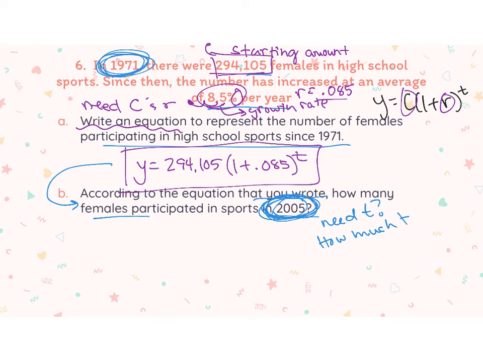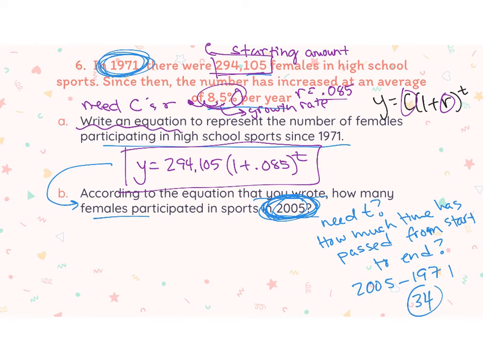How much time has passed from start to end? And the way we get that is by subtracting 2005 minus 1971. So 2005 minus 1971 gives me 34. Okay, so that means T is equal to 34.